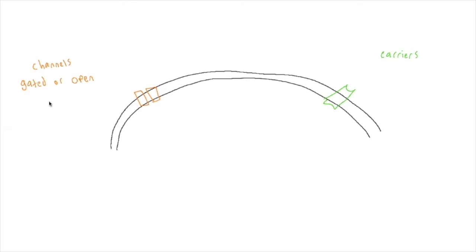Gated channels, though, this means that the channel is usually closed until a certain stimulus opens it up. And one thing, I don't know if I already mentioned this, but channels mainly transport ions, H2O. Basically, either ions, small charged molecules, or water.